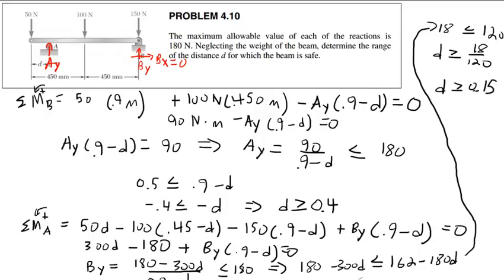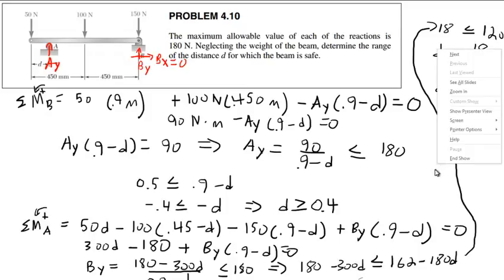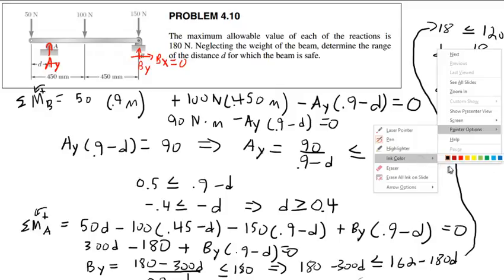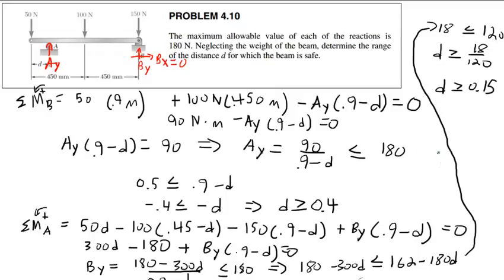And that's the general format. Now, this is probably not the complete solution. What you'd actually want to do is also check the case, notice we only said that AY has to be less than or equal to positive 180. We should probably also use the case that AY is greater than or equal to negative 180.